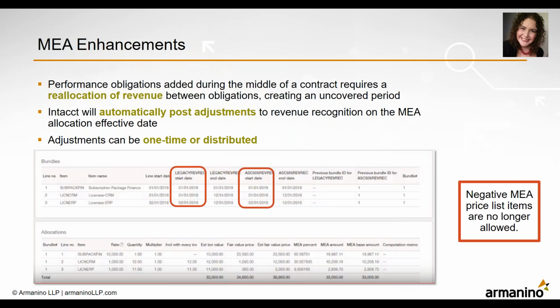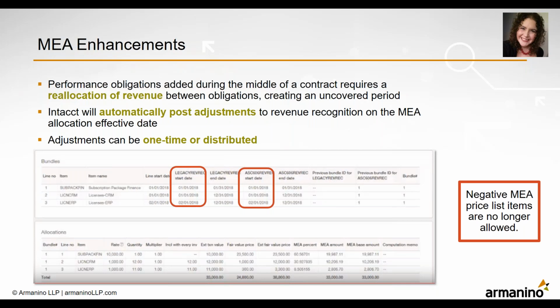When you create a performance obligation that starts at some point after the original contract, you're creating an uncovered period. Previously, this would create a validation error message that there was unallocated revenue not being included in your MEA allocation.